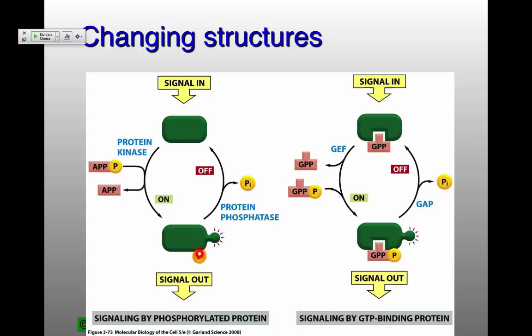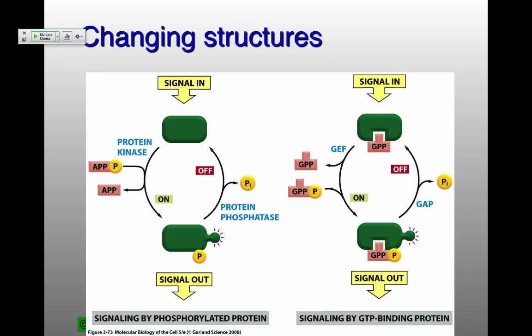That then changes the structure, gives you a signal. A protein phosphatase, a separate protein, will take that off, and you have now a change in structure and a change in function.